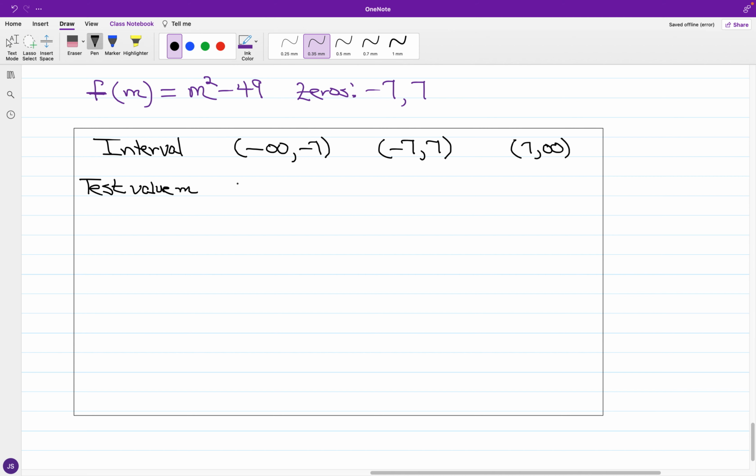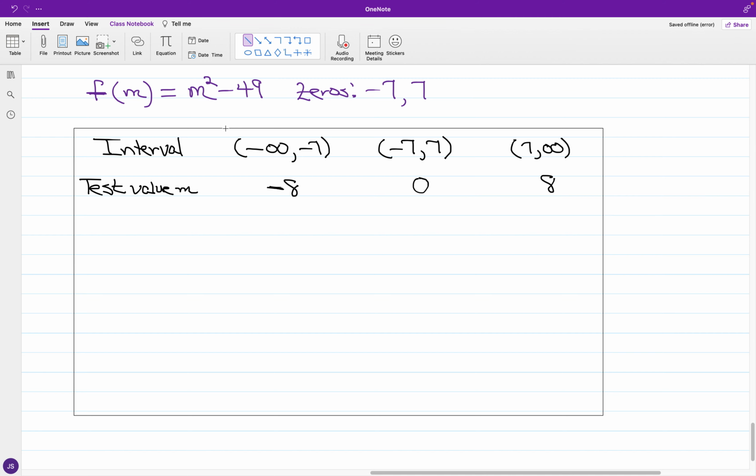Okay, so for test values of m: anything less than negative 7, I can go with negative 8. Anything between but not including negative 7 and positive 7, 0 is a possible choice. And for anything greater than 7, I can just go with the number 8.